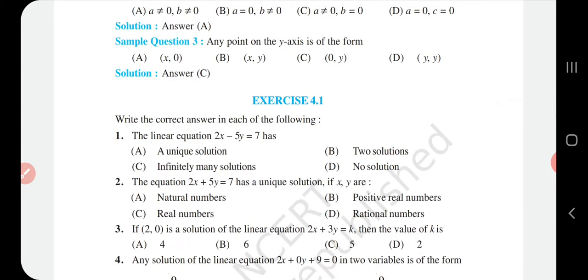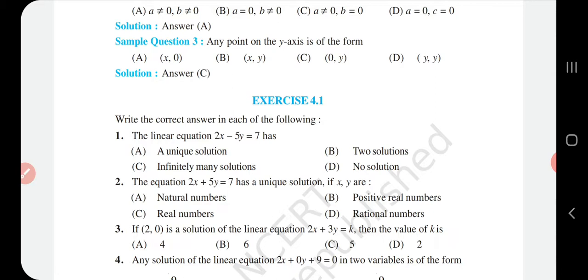Now see question number 1. The linear equation 2x - 5y = 7 has, again there are two variables, so it has infinitely many solutions. Understand?